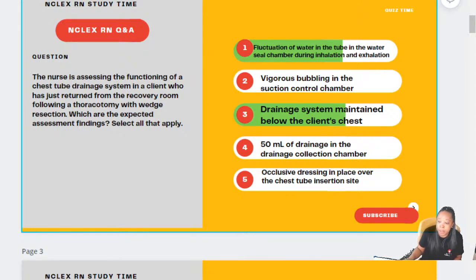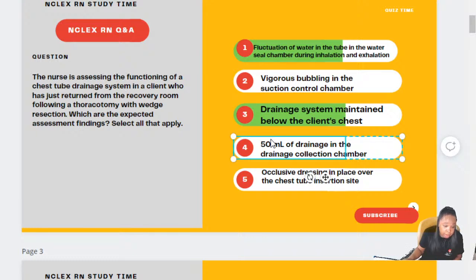That means if it's over 70, it's excessive, but 50 ml is good. So you have to remember that, guys. The liquid in the drainage collection chamber has to be less than 70 ml. If it's 50, it's good. So we're going with this one also.